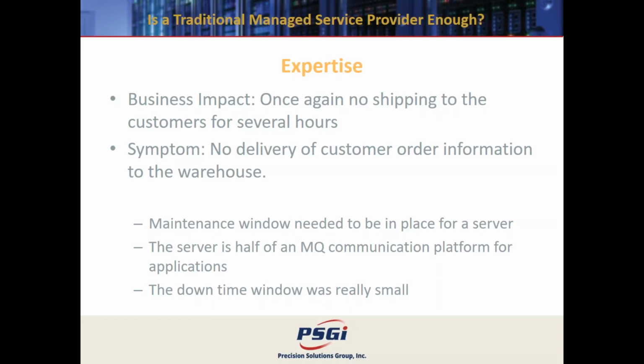Believing that the server was only going to be down for a couple of minutes and no one would even know, the MSP performed the maintenance and rebooted the server. But what he didn't realize was that the server was part of an MQ communications platform. You don't necessarily need to know what that means. All you need to know is that the server was connected to another server, and when he rebooted it, he broke the link during the maintenance process.